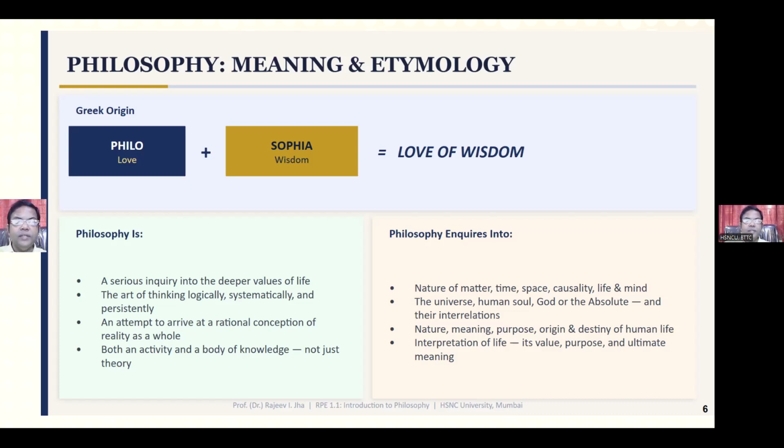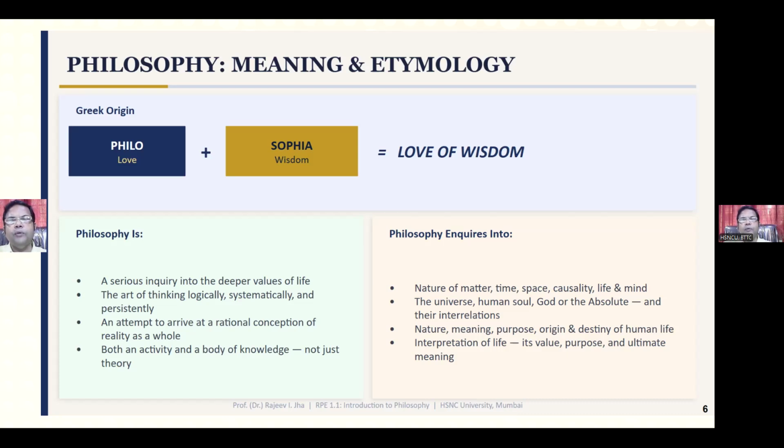But love of wisdom is not a passive sentiment. It is an active, restless pursuit. Consider what this means in practice. Philosophy is a searching and inquiring into deeper values of life.